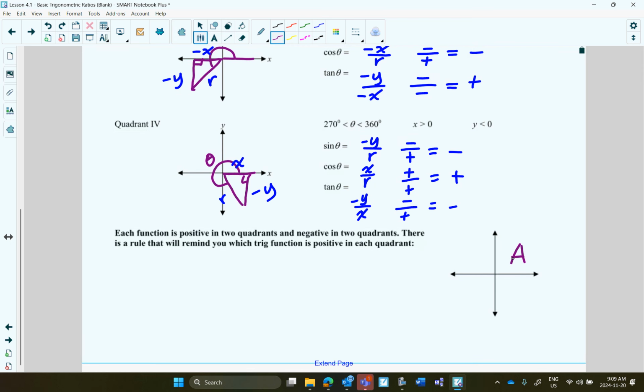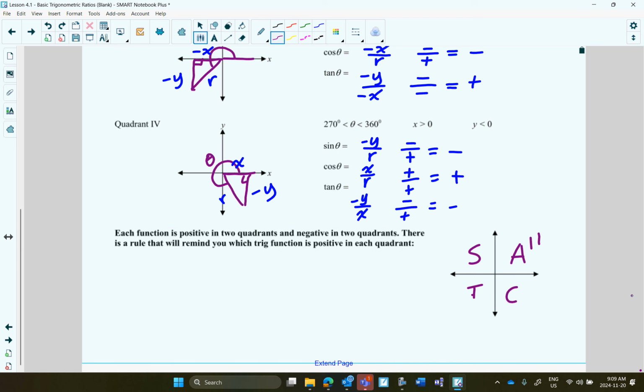Why do we use these letters? Because this tells us the signs of the angles. All three trig functions are positive for any angle between 0 and 90. Only sine is positive if we take the trig functions between 90 and 180.